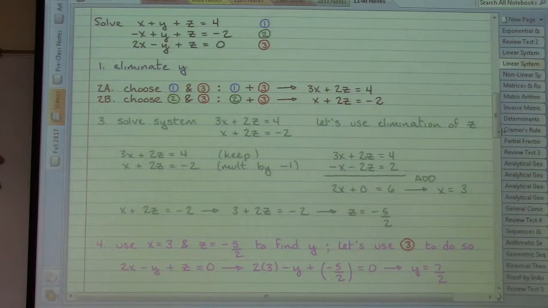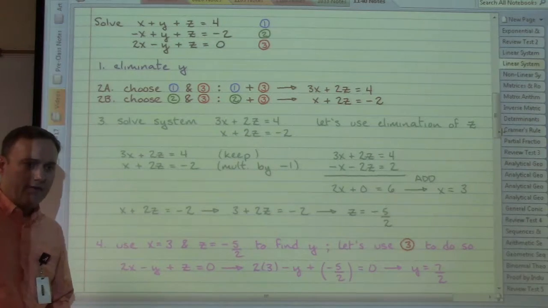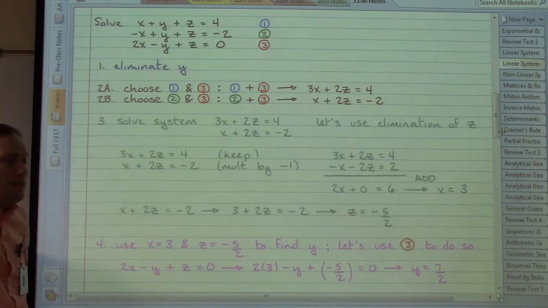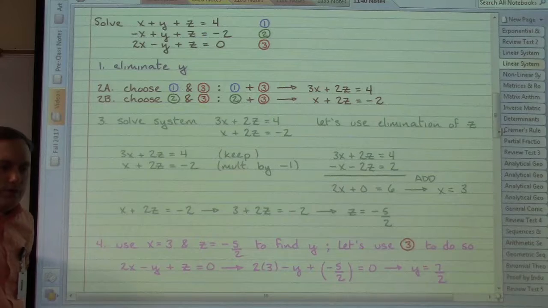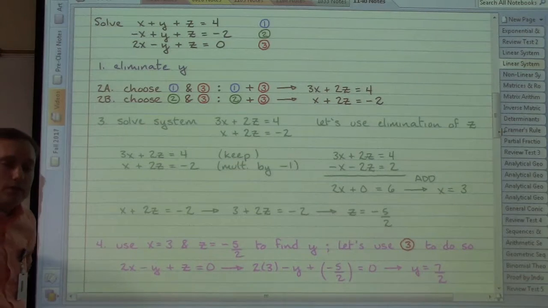in blue, green, and red. And in this particular case, if we consider the different options that we have, eliminating x versus eliminating y versus eliminating z, if we think about the steps that we're doing in order to try to accomplish those, then we would see that there's less work involved to eliminate y than the other choices.